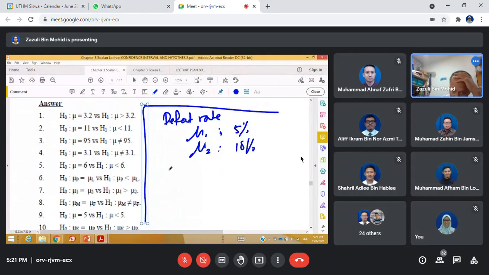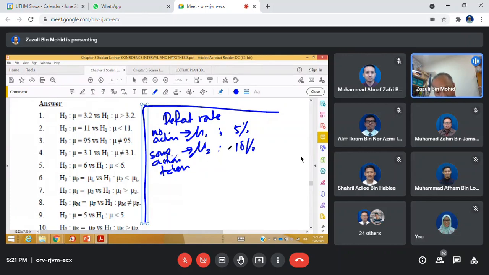Then, soalan dia adalah define whether, ni maknanya kalau ni satu ni no countermeasure lah, no action. New 2 is taken after some action taken in production line.